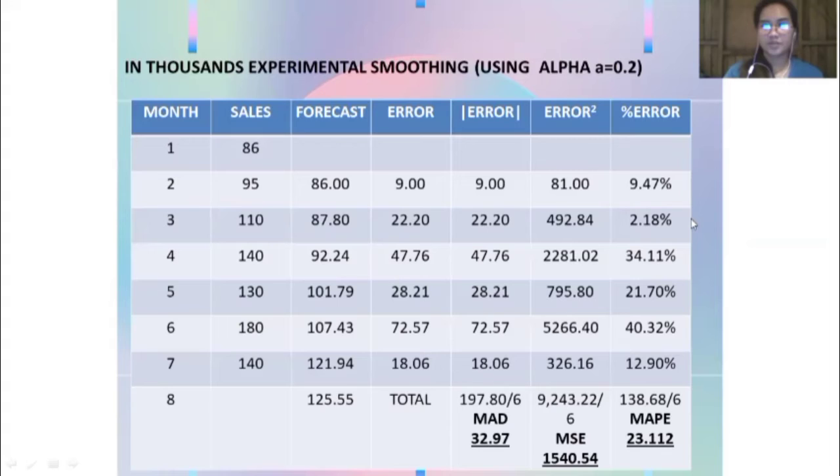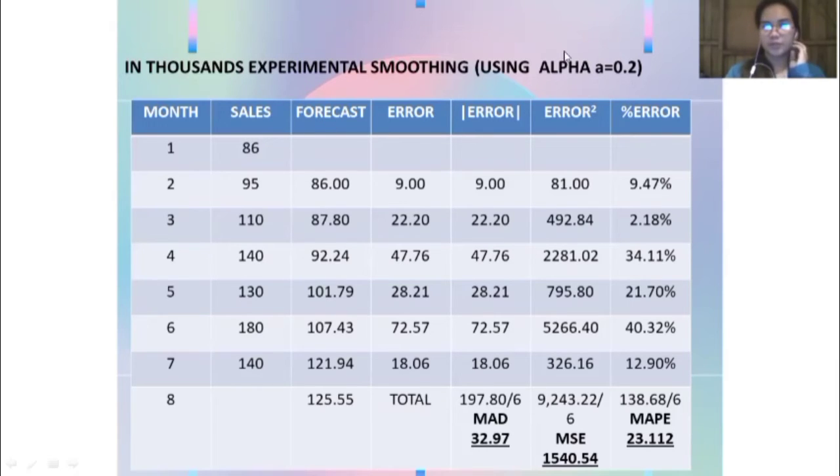To calculate the exponential smoothing forecast using alpha equal to 0.2, we will be using our formula, which is F(t+1) equals alpha times A(t) plus (1 minus alpha) times F(t). We have here the period, and the sales stands for our A(t), and the forecast is the F(t).